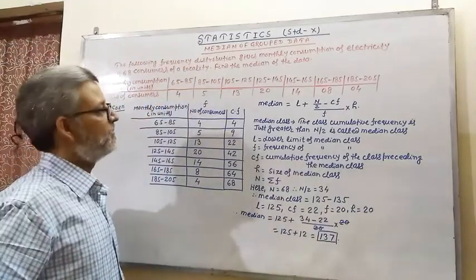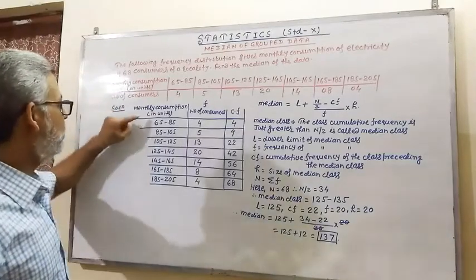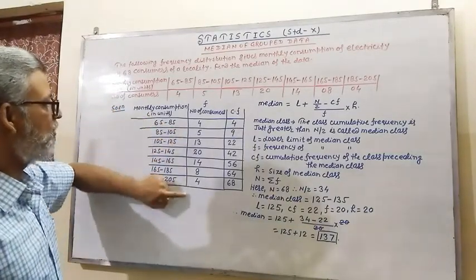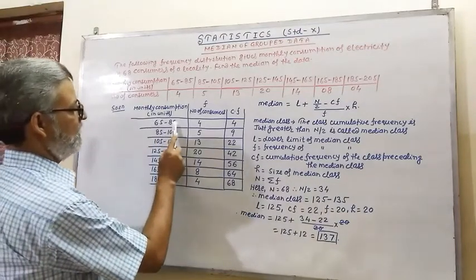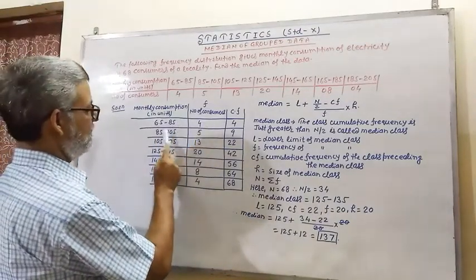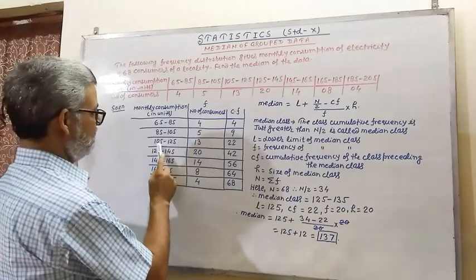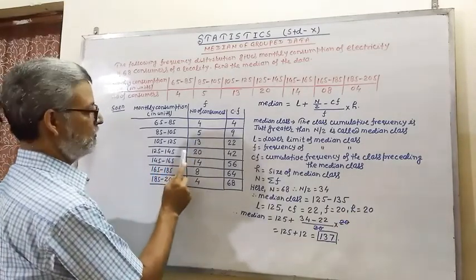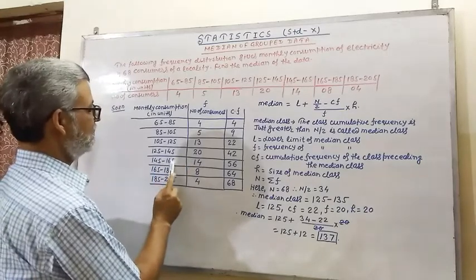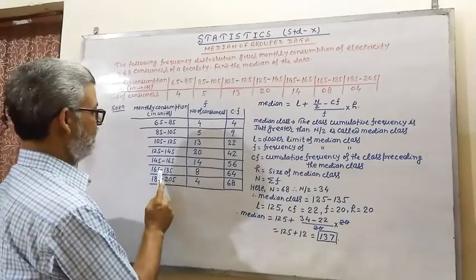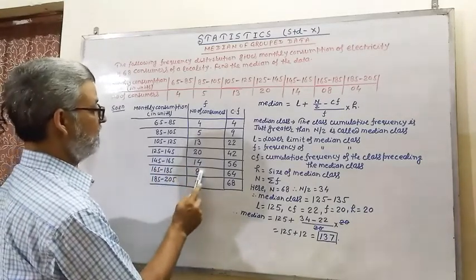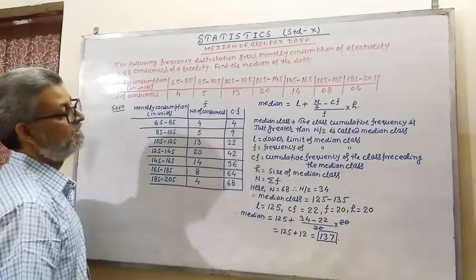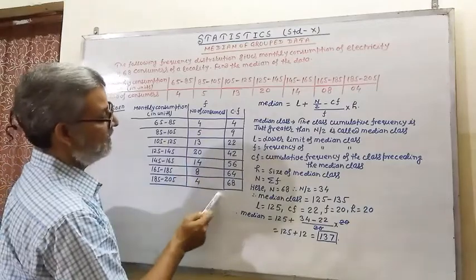For the median, first we write down the class intervals and frequencies in vertical order: 65 to 85, 4; 85 to 105, 5; 105 to 125, 13; 125 to 145, 20; 145 to 165, 14; 165 to 185, 8; 185 to 205, 4. Then find the cumulative frequency.